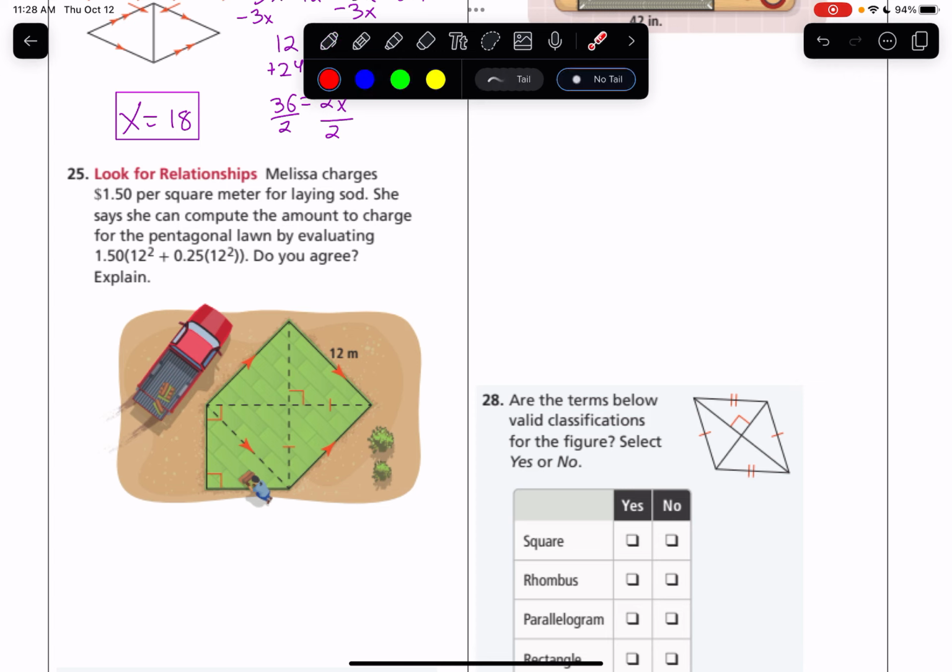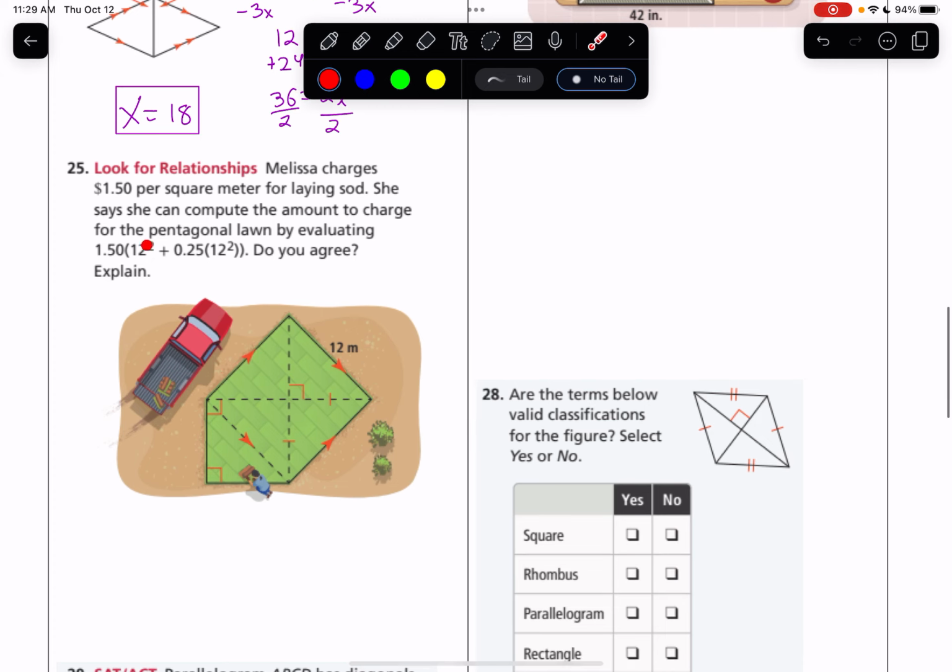So obviously, $1.50 per square meter, that's what we're multiplying this entire expression by. So we need to figure out whether the area of this shape can be computed by 12 squared plus a quarter of 12 squared. And this shape has 2 pairs of parallel sides, and it'll have diagonals that are bisected because it's a parallelogram.